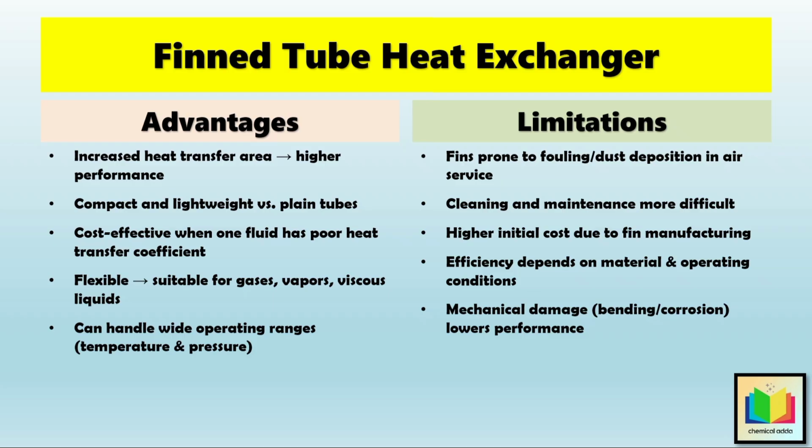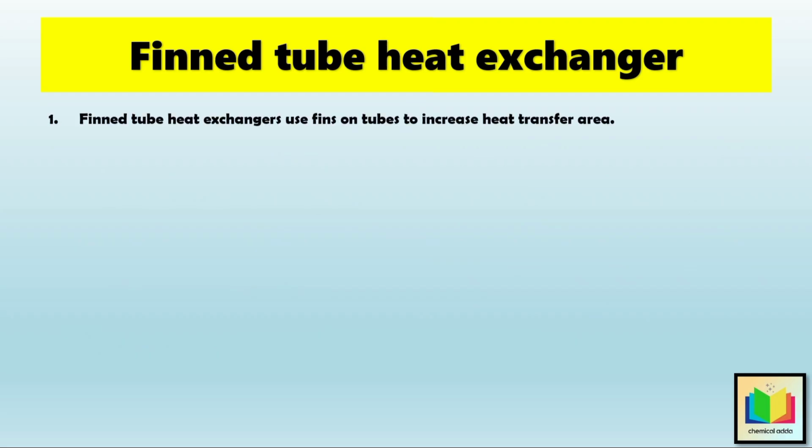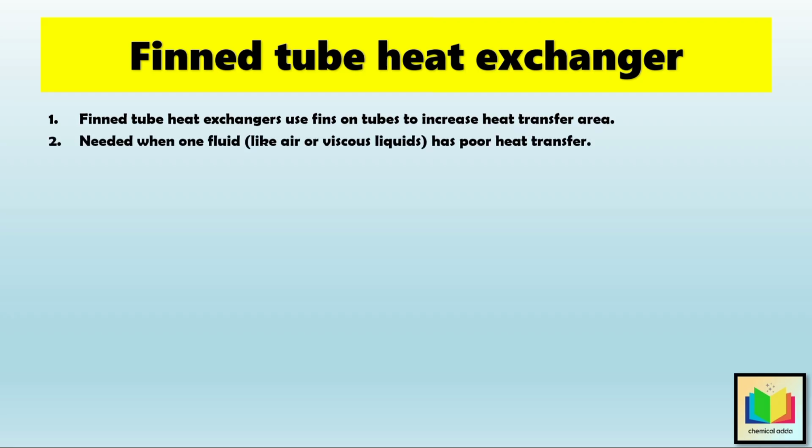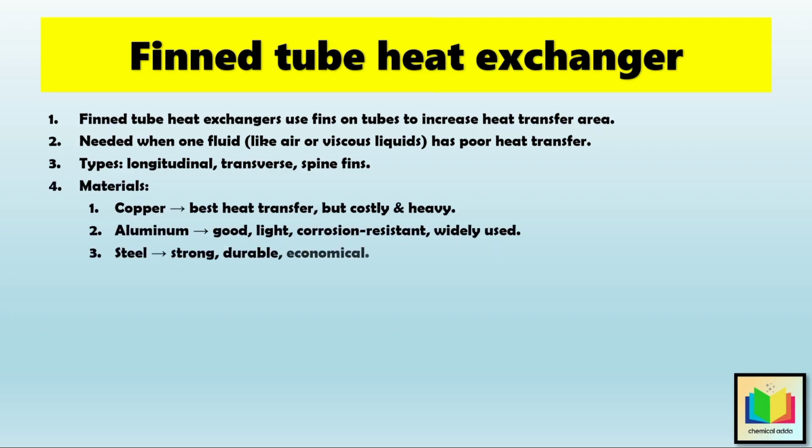Alright, now let's wrap up today's topic. So, we learned that a fin tube heat exchanger is simply a tube with fins attached to increase the heat transfer area. They're especially useful when one fluid, like air or viscous liquids, has poor heat transfer. Then we also saw the different fin types, longitudinal, transverse, and spine, and how materials like copper, aluminum, and steel affect their performance.